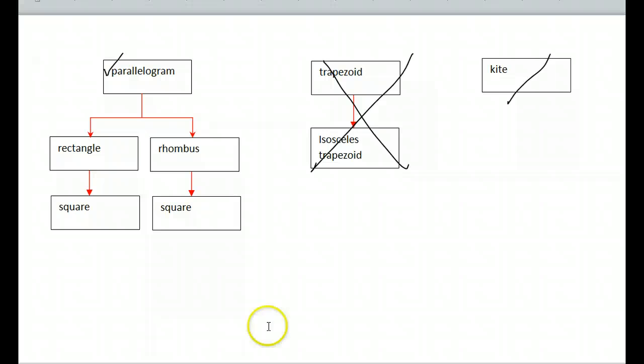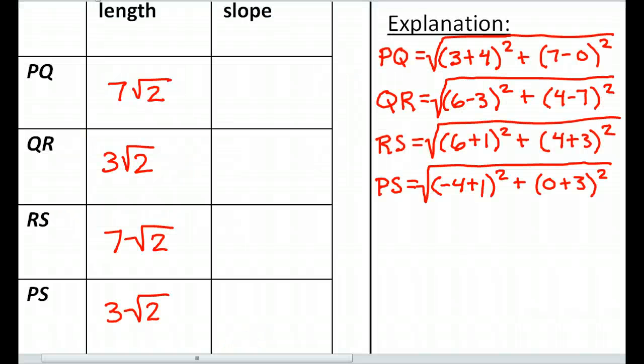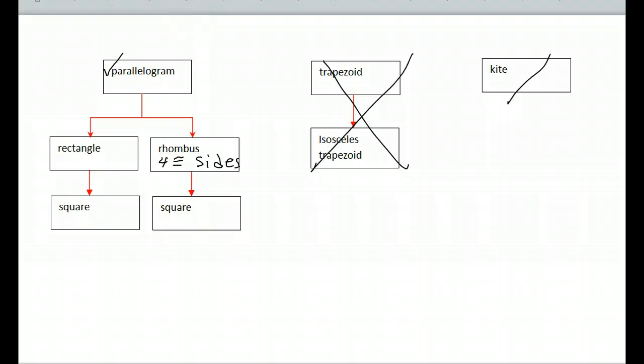What's the definition of a rhombus? 4 congruent sides. Alright, if it's going to be a rhombus, it should have 4 congruent sides. Is this a rhombus? No. 7 radical 2, 3 radical 2. It's definitely not a rhombus. Okay. So we can forget about rhombus. Is it a rectangle?